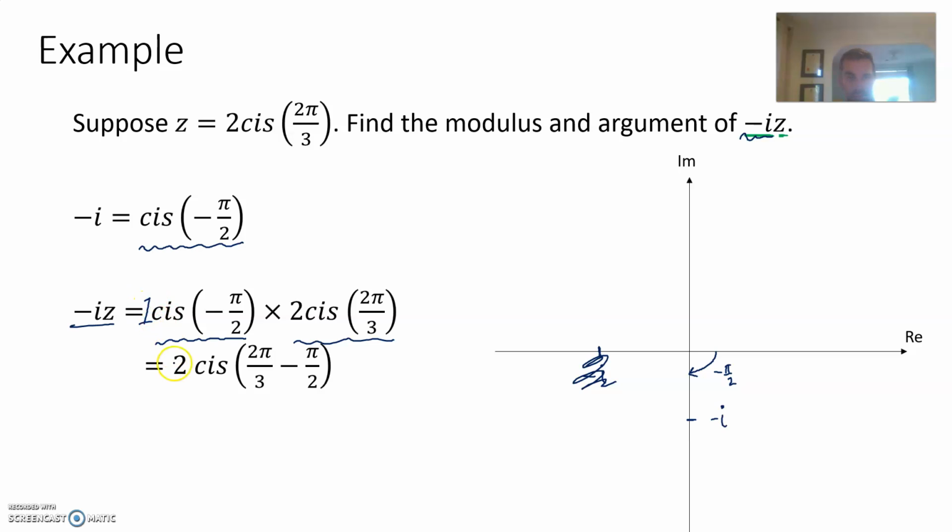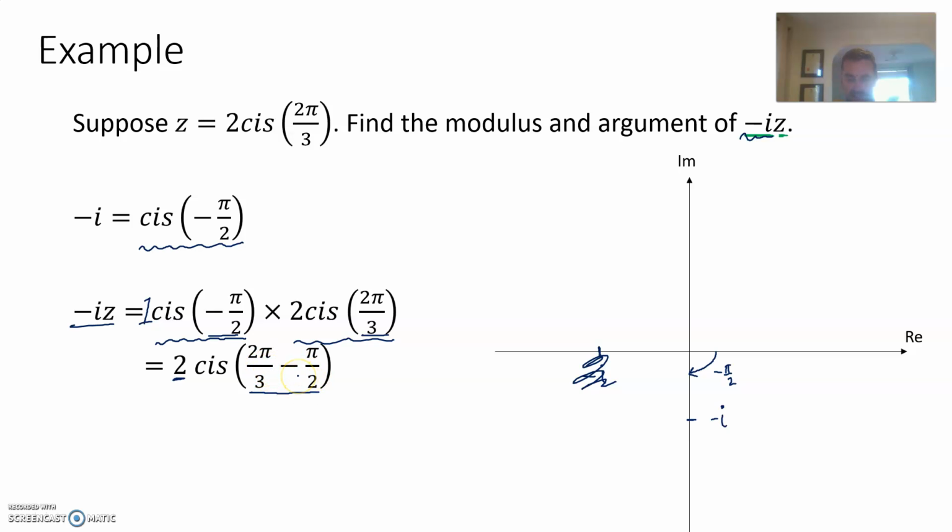The modulus there is just 1, so the new modulus is 2. Then we add together the two arguments, the negative pi over 2 and the 2 pi on 3. I've just flipped the order there because it makes more sense to have the negative second.